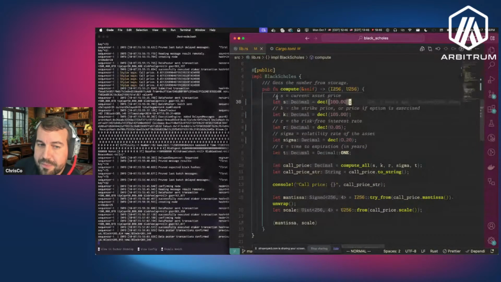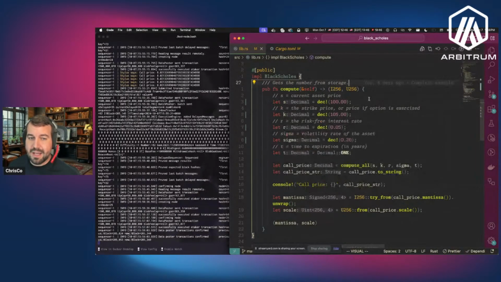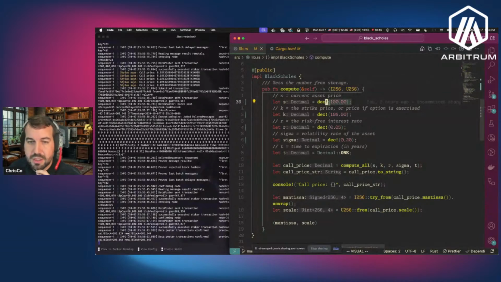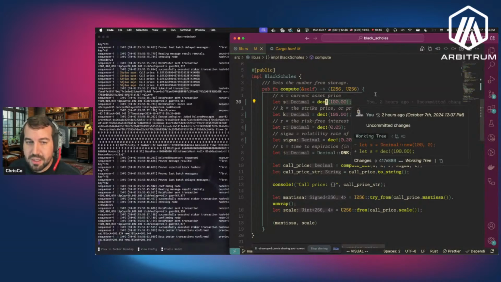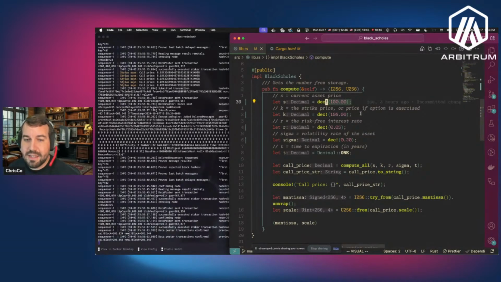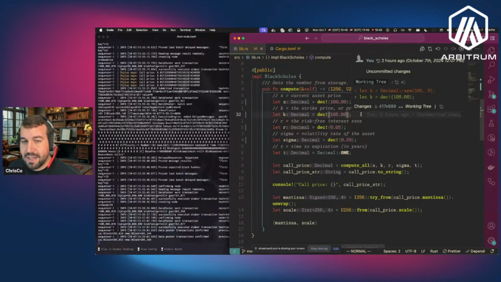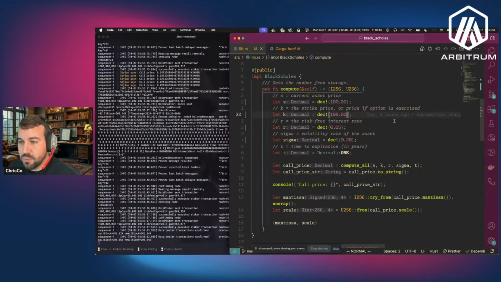Okay, from the formula, if you remember, S represented the stock price or the asset price. We're just going to use 100 as the asset price. We're saying that the asset price is $100 currently on the market, and K is the strike price. If someone were to buy this option, they'd be betting that the price would exceed $105 before the expiration period is up.